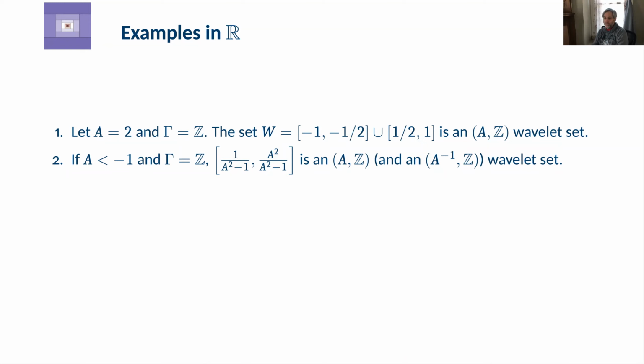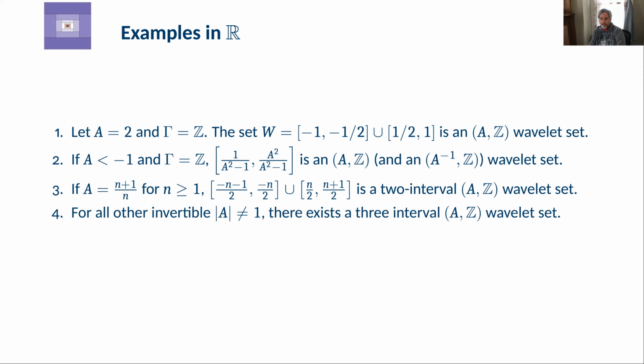If you have a dilation of the form n plus 1 over n, then you can get 2 intervals, just like the first example above was when n was equal to 1. And for all other cases, you can get a 3 interval wavelet set. So these are kind of the simplest wavelet sets in R. They are ubiquitous. If you fix A equals 2 and gamma equals Z, and you try to think, what does the collection of all wavelet sets look like?